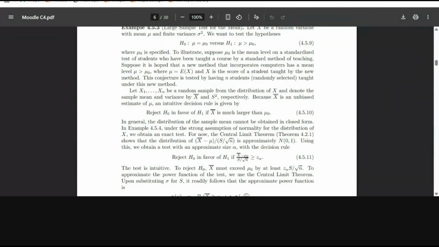So this is the probability of that standardized thing. When you standardize, you do the same thing.